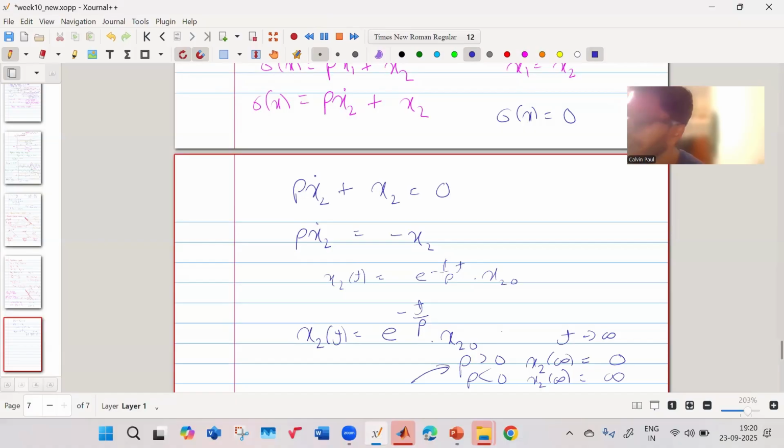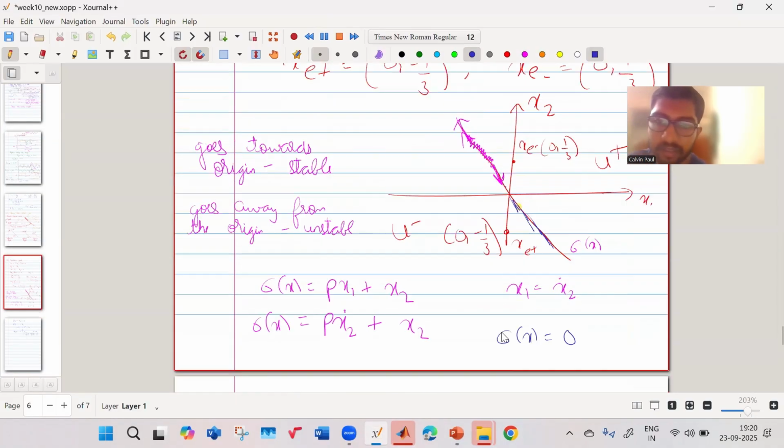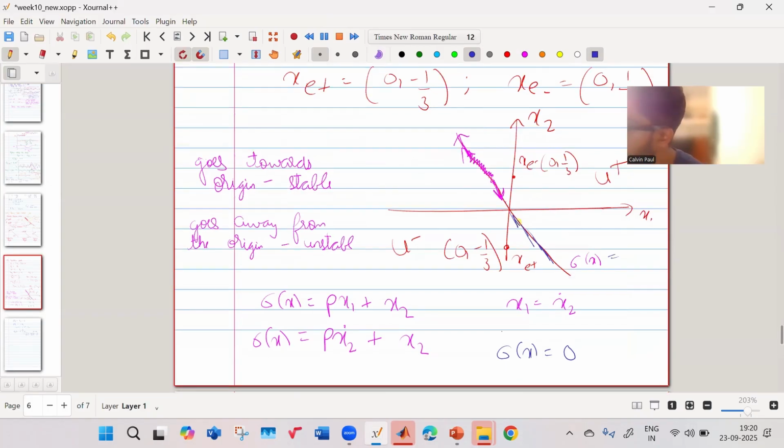So your p determines your stability. That means this is your sigma x, which is equal to p x1 plus x2. So p is sort of like the slope. So the slope of your sliding surface determines your stability.